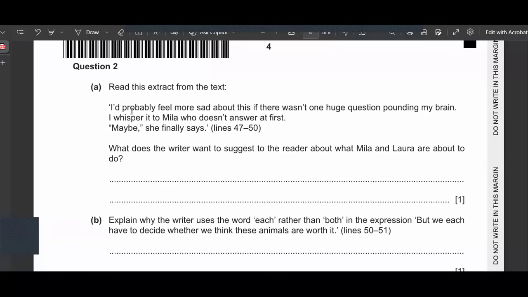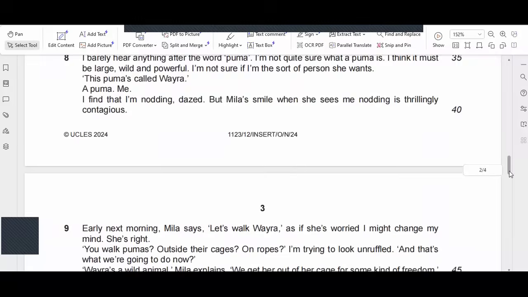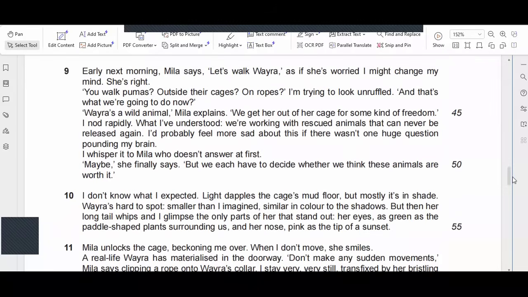So this is technically taken from the last part of the text, not the question. Particularly when they were about to take Vaira out of their cage for an open walk.